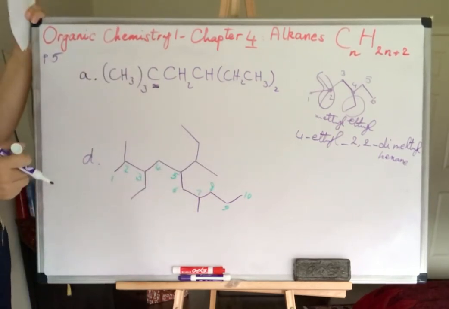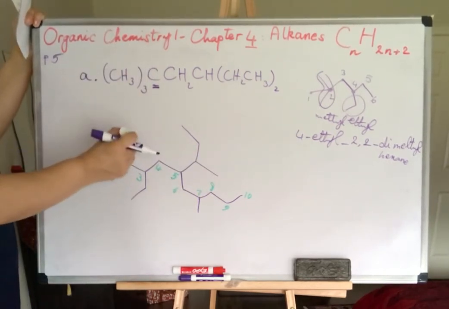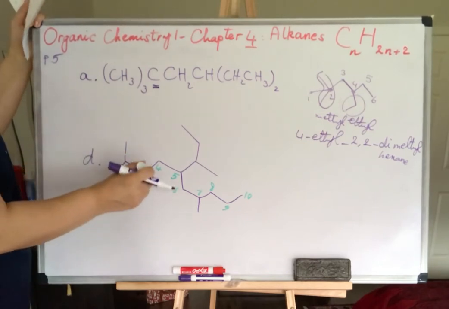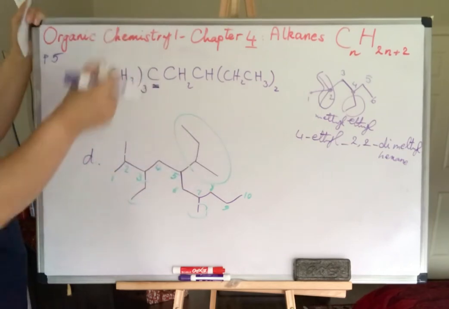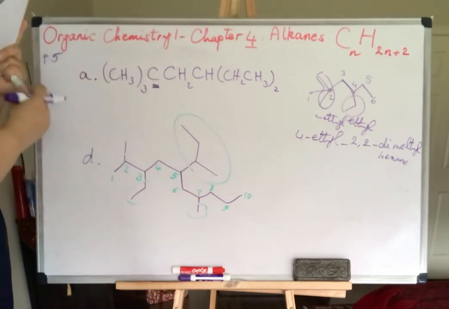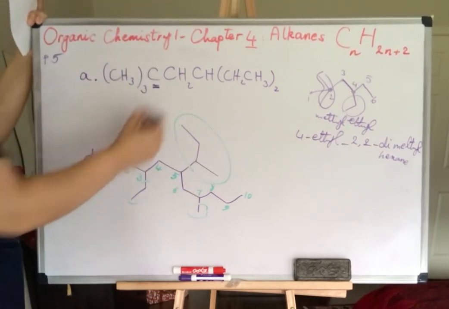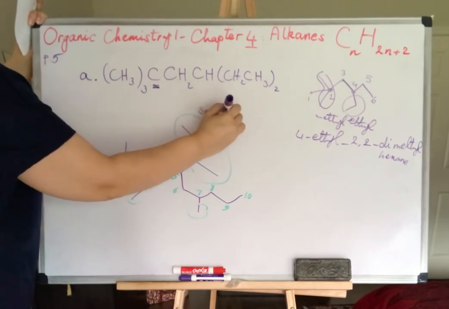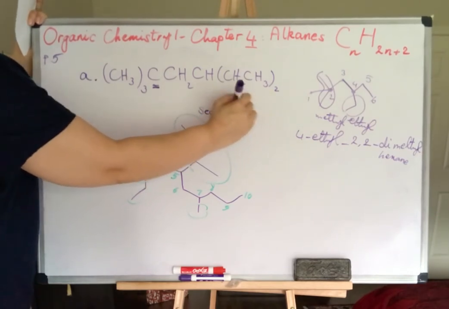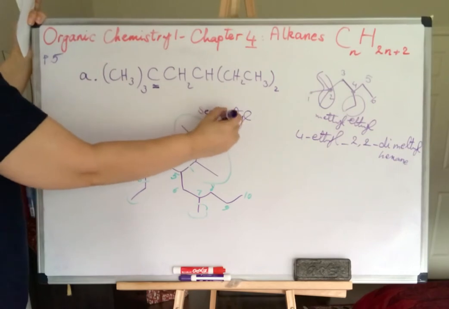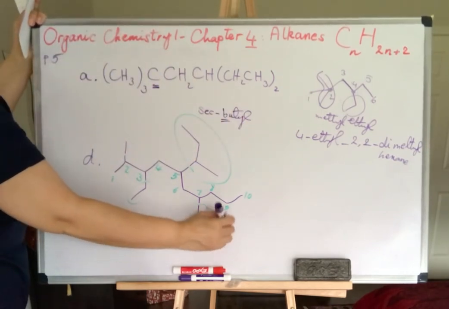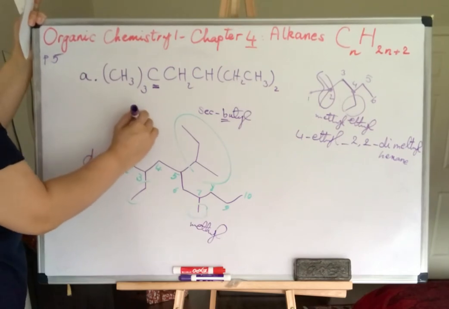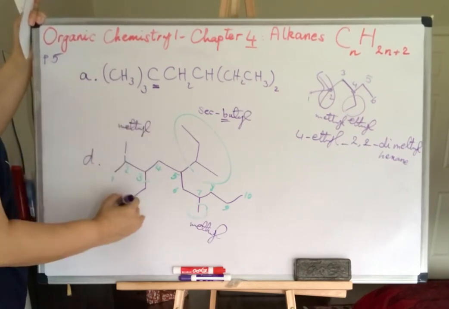Let's determine the branches. Here is a methyl group, here is an ethyl group, a methyl group, and this one is what? A sec-butyl, right? So, sec-butyl, we said sec is a prefix, so we go with B. Here you have a methyl, another methyl, and ethyl.